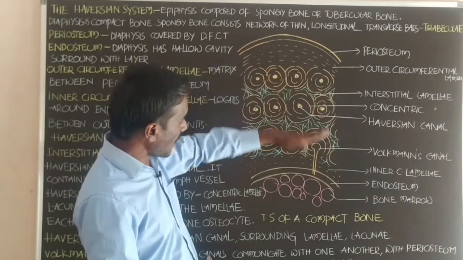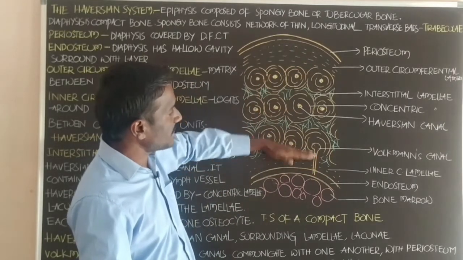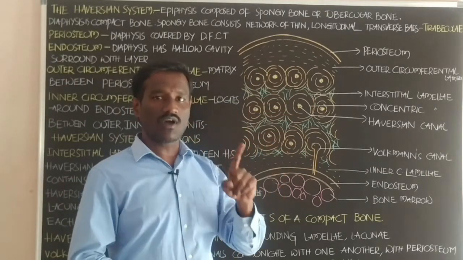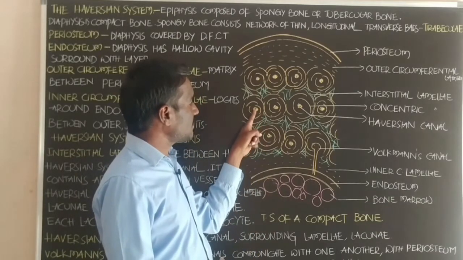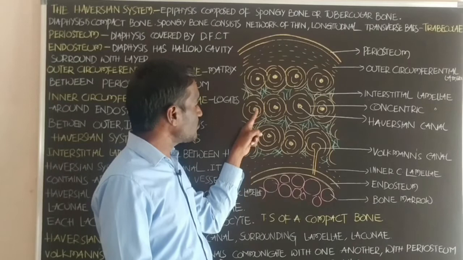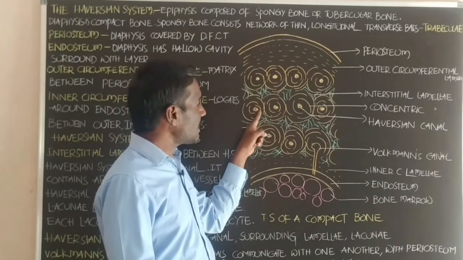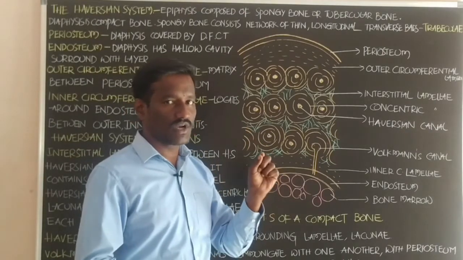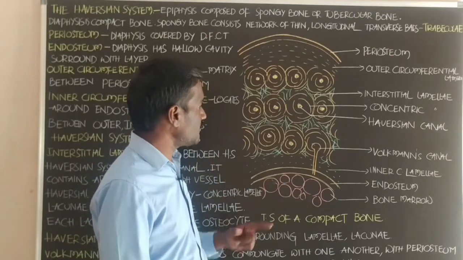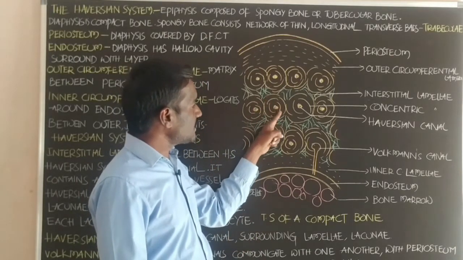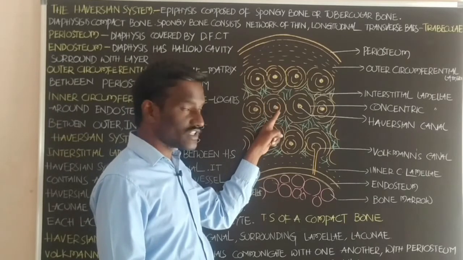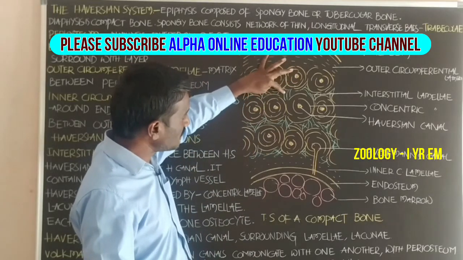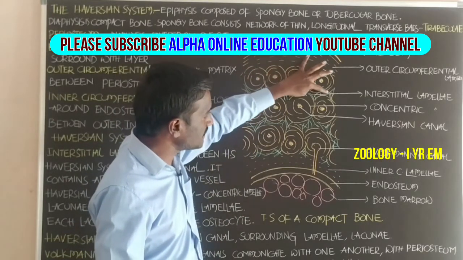Between them are many Haversian systems, or osteons, each consisting of a Haversian canal surrounded by concentric lamellae, with lacunae containing osteocytes. The space between the Haversian systems contains interstitial lamellae.